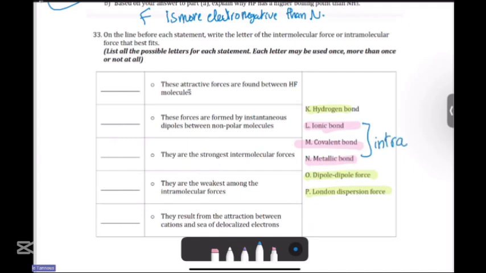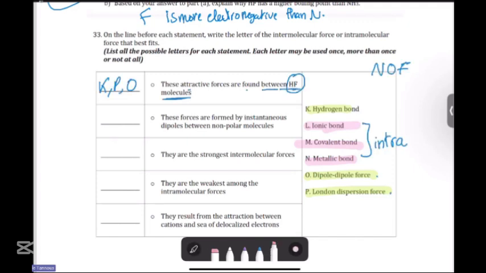So these attractive forces are found between HF molecules. So intermolecular forces. And since they mentioned HF and I know NOF, then definitely we're talking about hydrogen bond. Now, since HF has hydrogen bonds, it's going to have London dispersion and dipole-dipole.